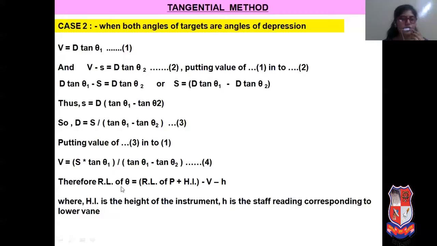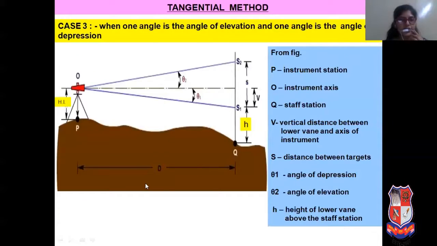And therefore, the reduced level of point Q is equal to reduced level of P plus HI minus V minus H. This formula is the same as we have derived for the movable hair method.